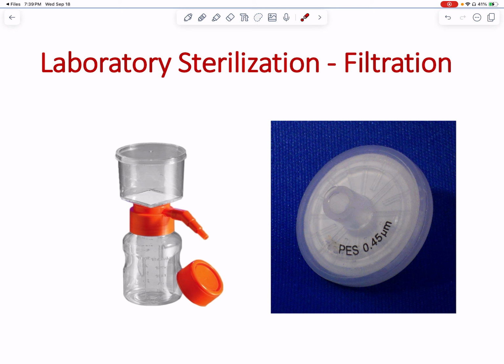It might not filter out all of the very, very small bacterial cells. However, for at least common exposures and common presence in a laboratory setting, a filter of this size is going to be able to filter out all of the microorganisms. The microorganisms would get stuck right here on this filter, and the liquid broth, media, water, anything that we're trying to filter is going to end up in the container on the bottom, sterile and ready for use.